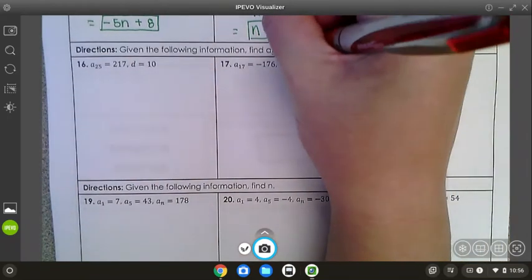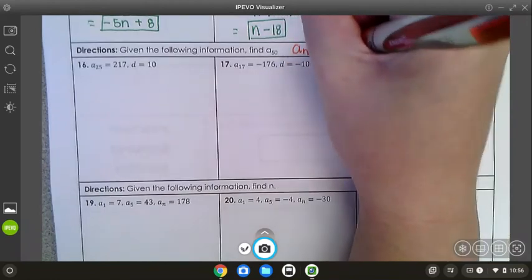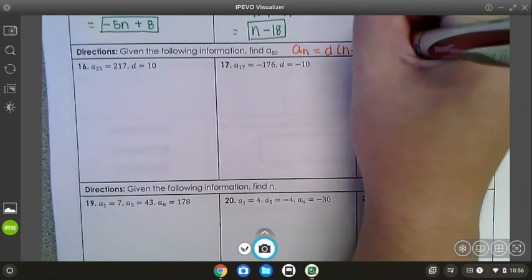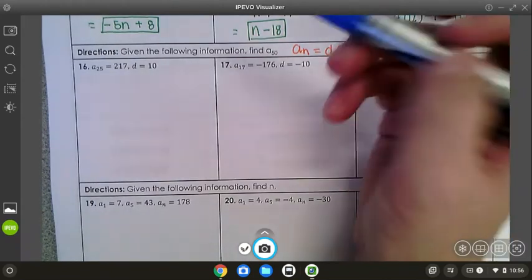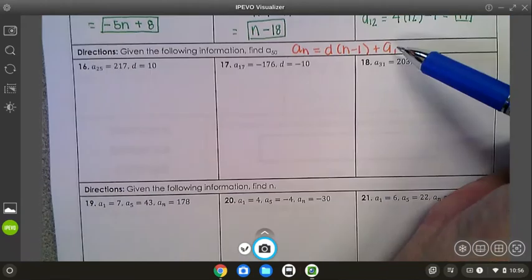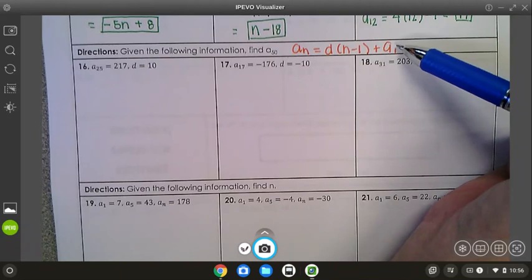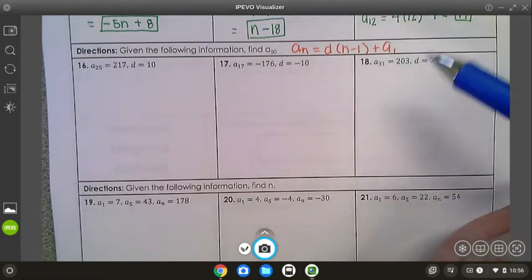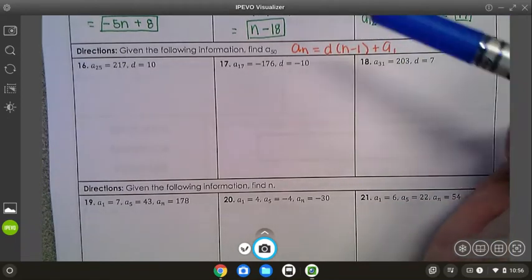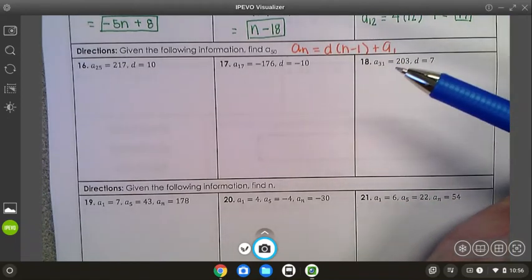In the formula, we need the common difference, which we have. We also need our first term, which we don't have.